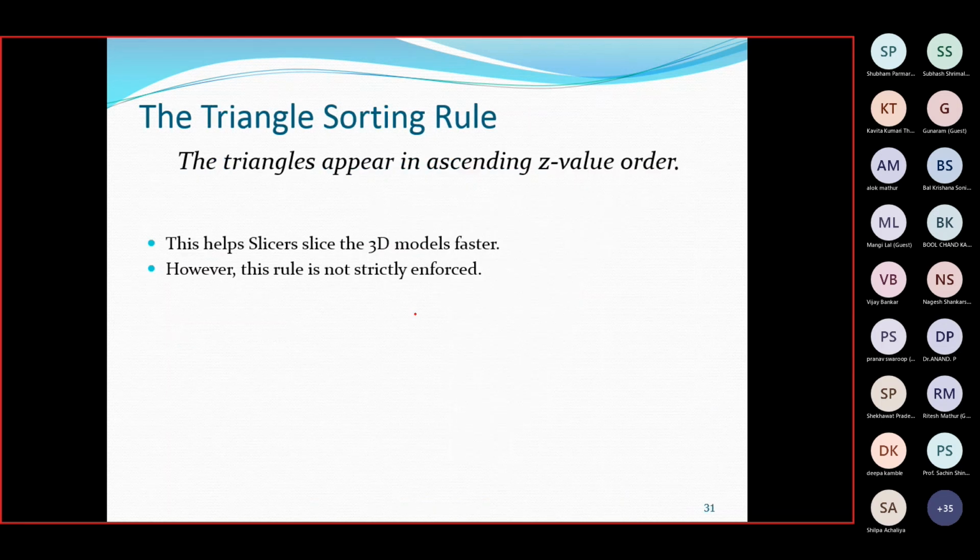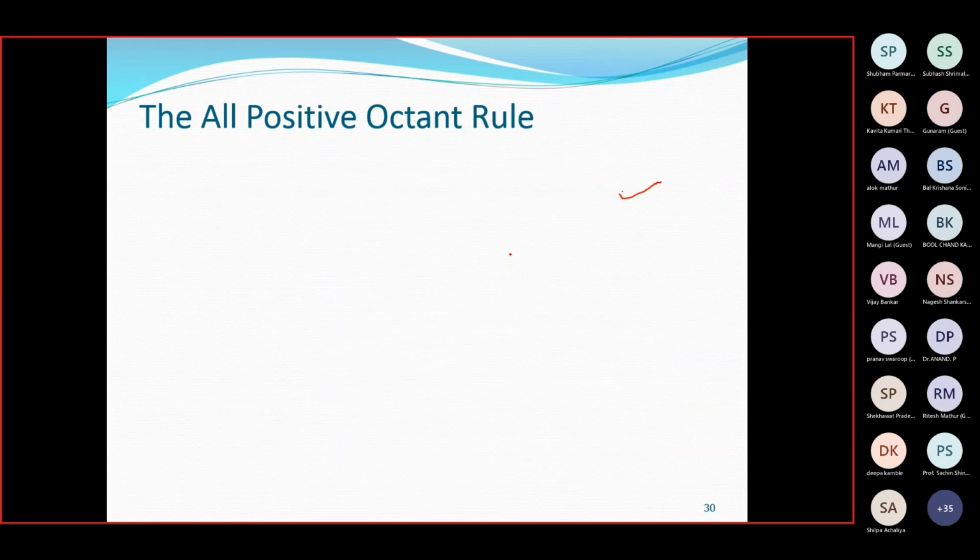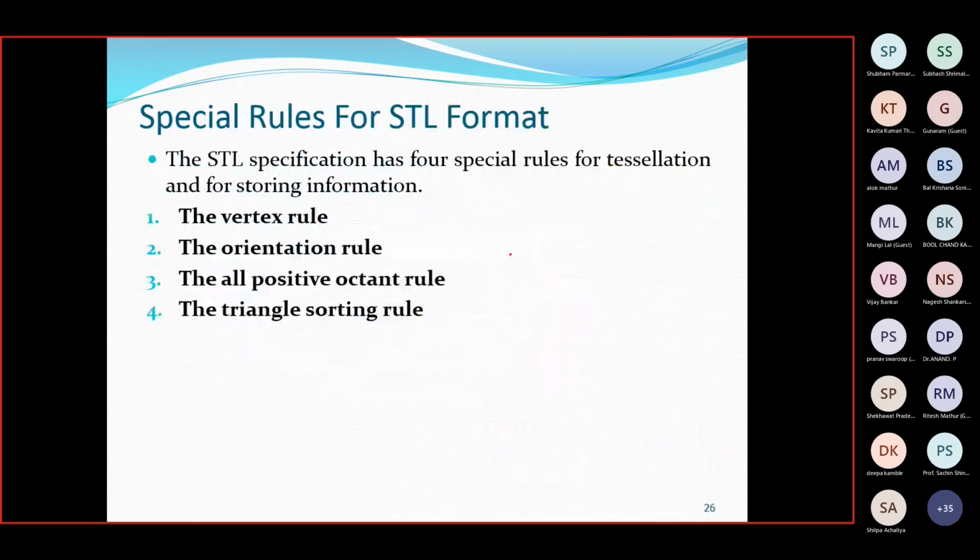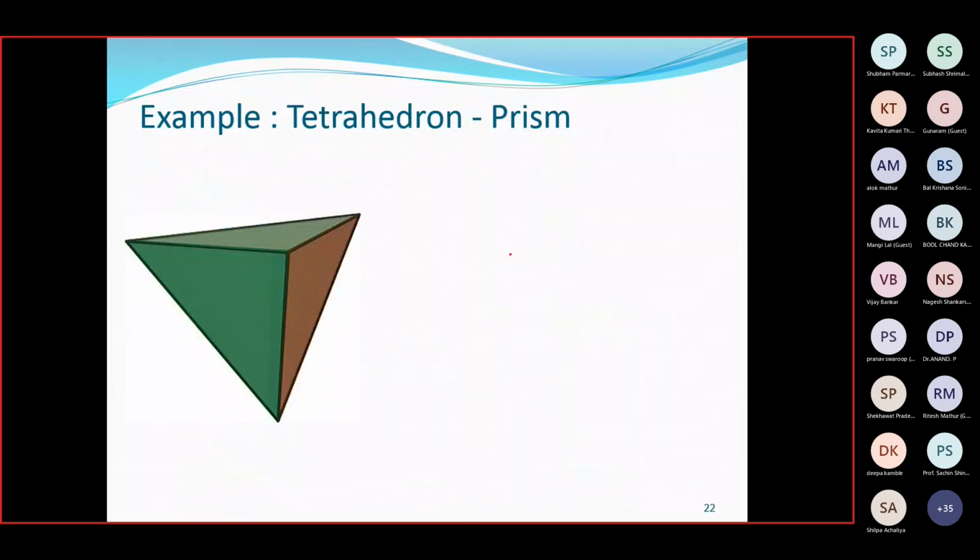And then we have the triangle sorting rule. Remember, triangles appear in ascending z value order. How? Here we have 4 triangles.